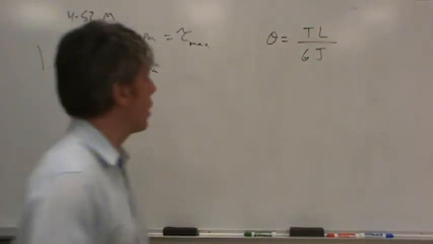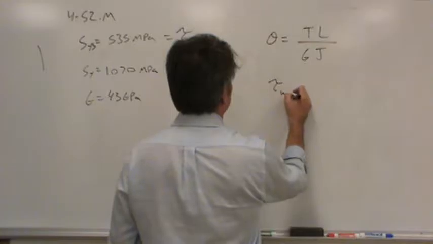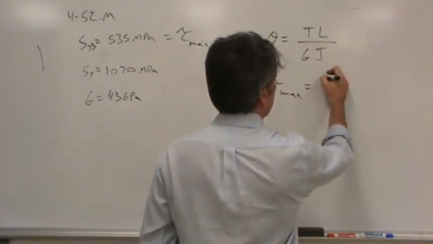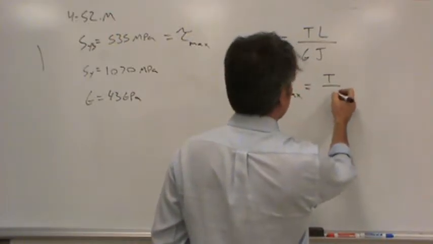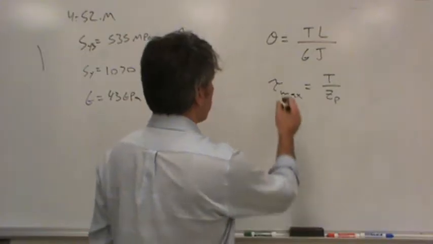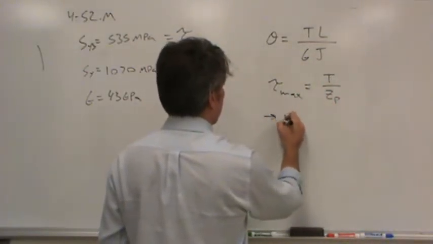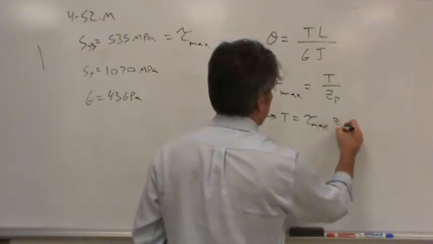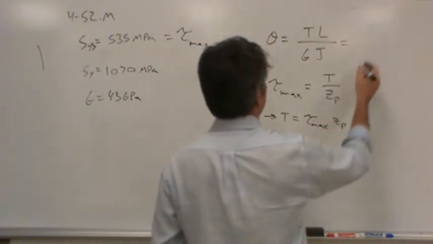So we'll use tau max, which we have a number for, is equal to T over Z_P. Let's plug that in and get rid of T. T is equal to tau max times Z_P. Let's make that substitution and see what happens.